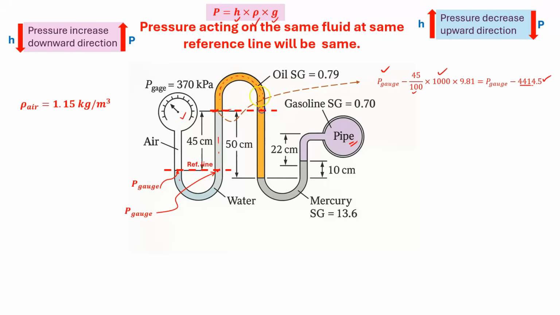Here in the tube there is oil. Again, on the same horizontal reference line on both sides of the manometer, the same liquid is there, so whatever pressure is at that point will be the same here also. Both sides the pressure will be the same. Now if I go downward from here, the pressure will increase.